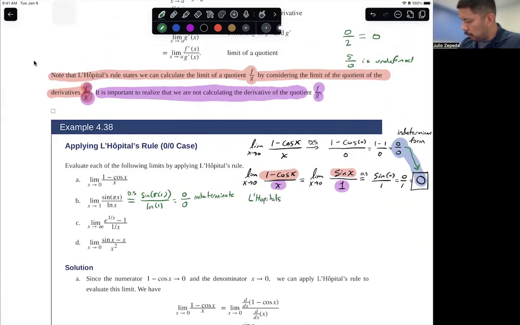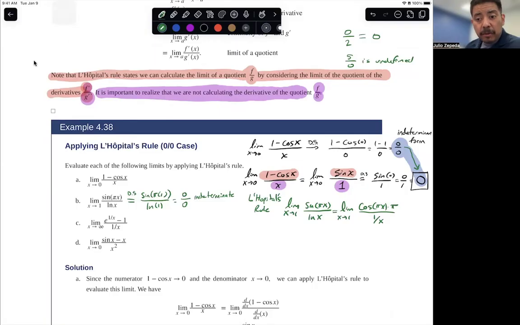Okay, so L'Hopital's rule then. L'Hopital's rule says that the limit as x approaches 1 of sine of pi x divided by the natural log of x is equal to the limit as x approaches 1 of the derivative of sine of pi x, which is cosine of pi x, using the chain rule, we have to multiply by pi, divided by the derivative of natural log of x, which is 1 over x.